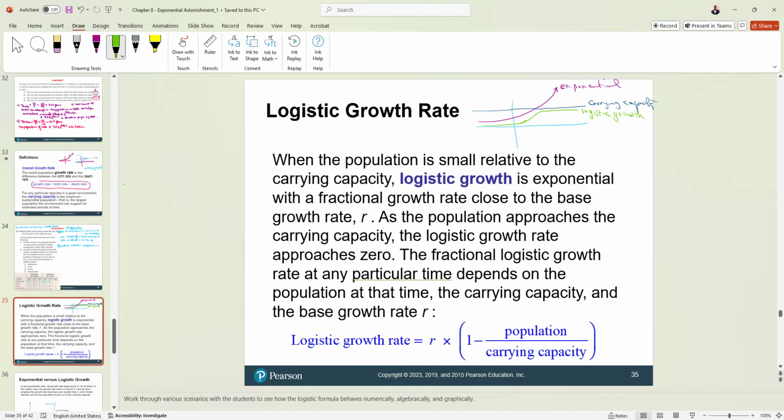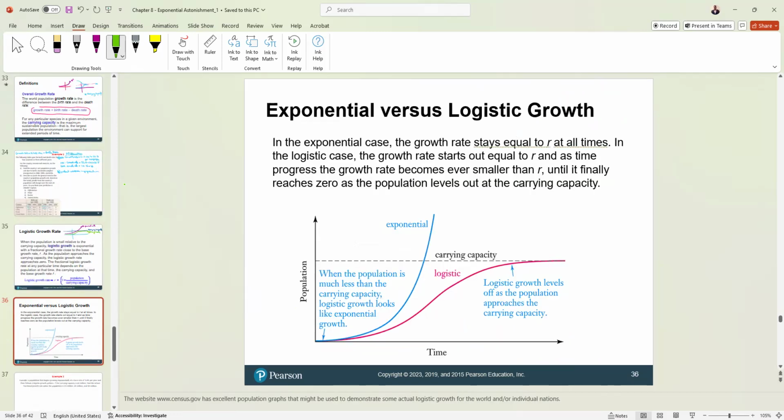So now, that's the logistic growth rate. Logistic growth rate equals the rate times one minus population over the carrying capacity. That's a formula. Please write it somewhere. It's very important to remember it. But exponential growth is this one, as we said.